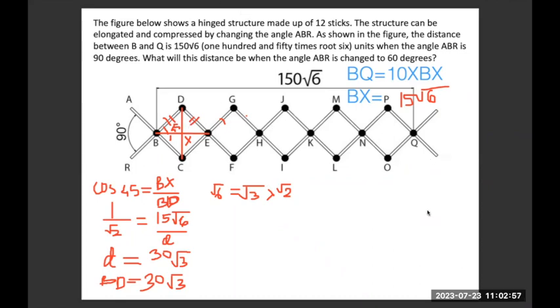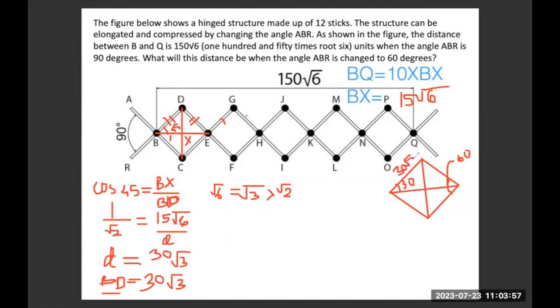When that angle becomes 60 degrees, this will become 30 degrees. If the total is 60, then its half, which is that much, will be 30. I know this is 30√3, which we took as the value of BD from here.